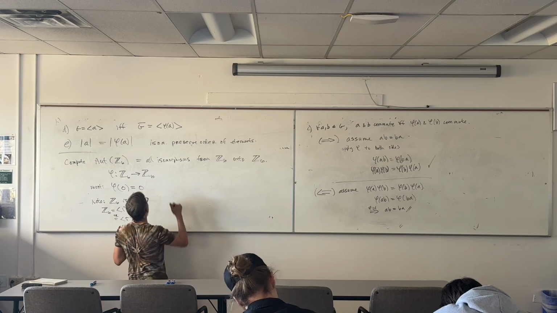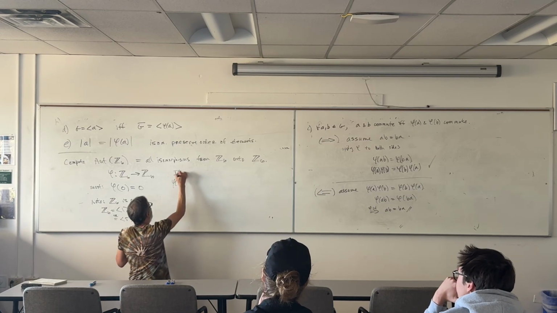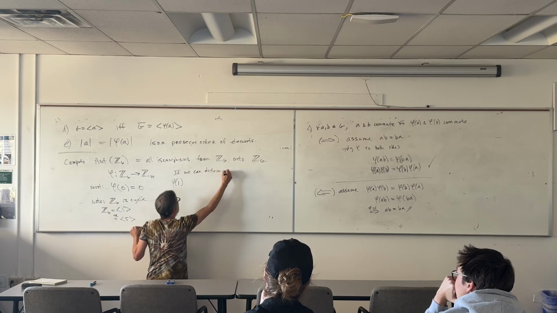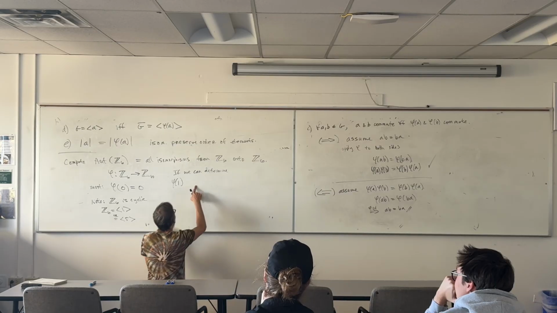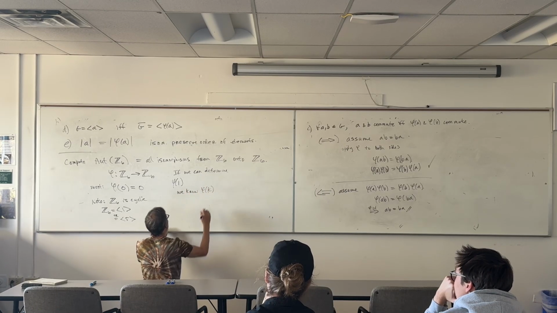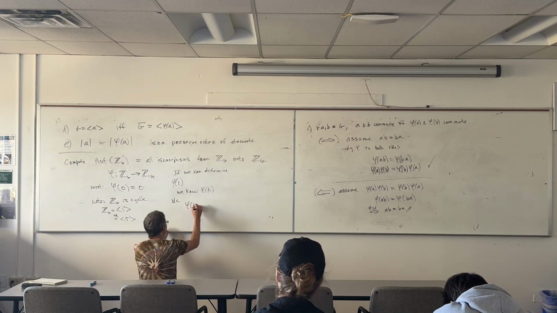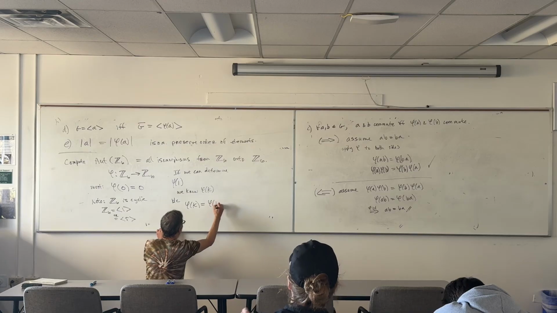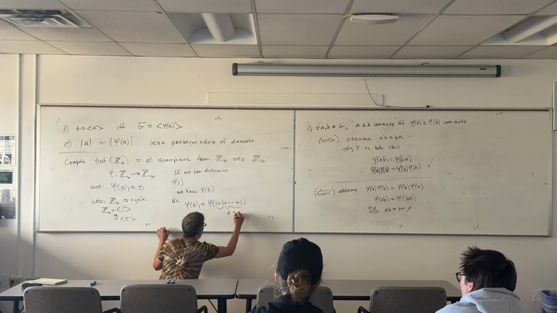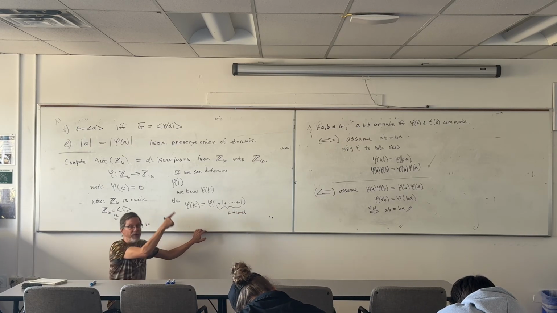So for our phi, if we can determine phi of 1, we know phi of any element, because phi of k is equal to phi of 1 plus 1 plus 1, k times. Yeah? And that's phi of 1 plus phi of 1 plus phi of 1.